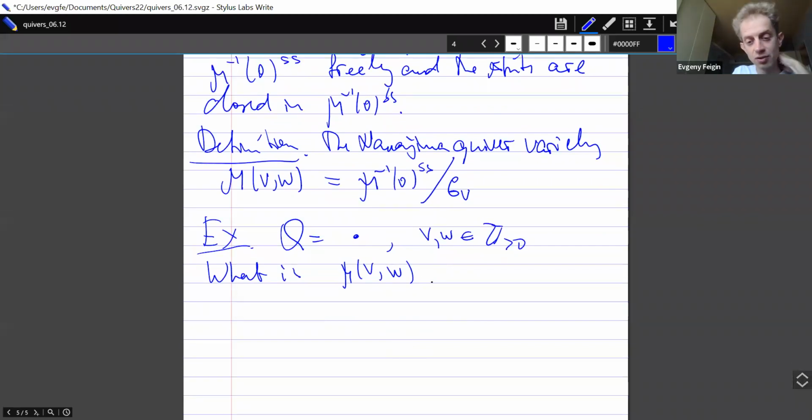For that, of course, we have to say what the stability conditions are. Let's assume that psi is positive. Psi is just one number, and assume this number is positive.